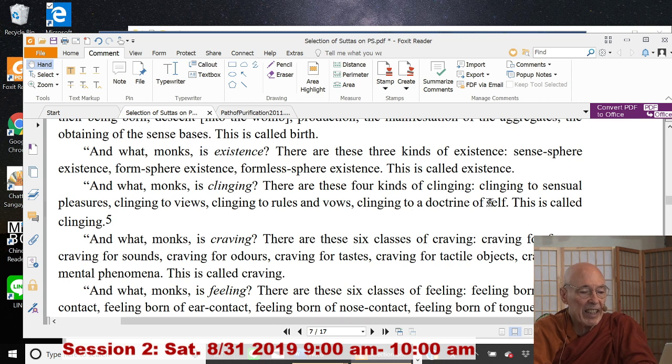And then clinging to a doctrine of self is also a view. It's the view that within this complex of the five aggregates, there is some kind of substantial self.